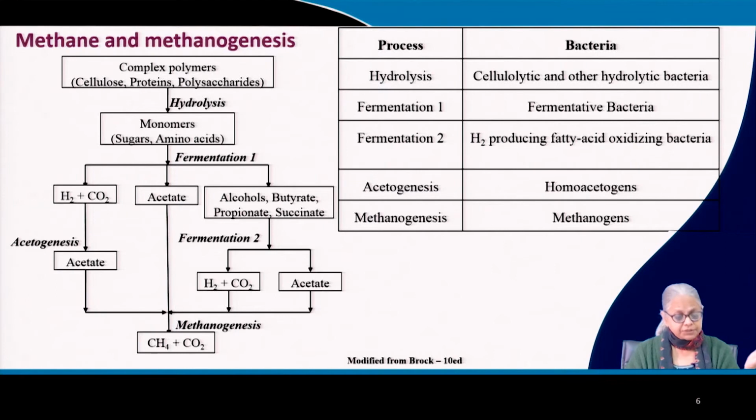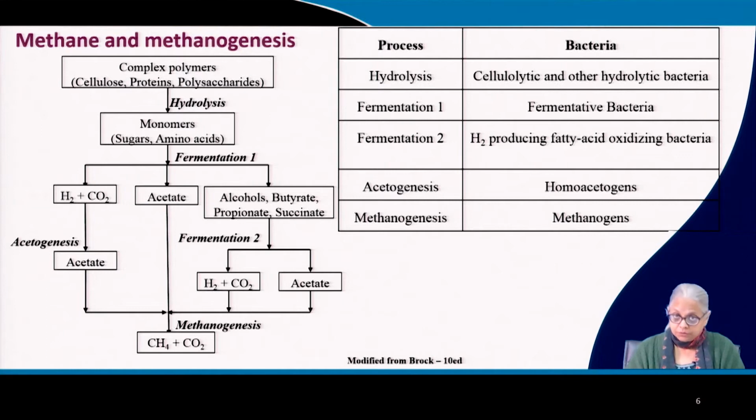So here we have several groups of bacteria. We have fermentative bacteria, within the fermentative bacteria we have homoacetogens, we have acetogenic bacteria, we have methanogens, and some of them are syntrophs. We've already gone through all this in syntrophy, which was in the previous topic. These fermentative bacteria, which are several species, several groups of bacteria, can take up these sugars, amino acids, etc., and convert them to hydrogen and carbon dioxide.